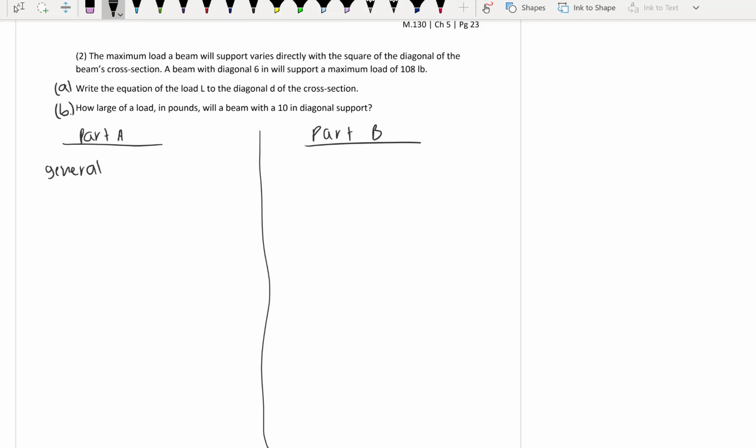So I want to find my general equation, and the key wording here is varies directly. In general, y is equal to k times x for varies directly. Now, it specifically says that we want to write the equation with load L. So the maximum load, L, is equal to k, which is always going to be fixed, times the square of the diagonal.